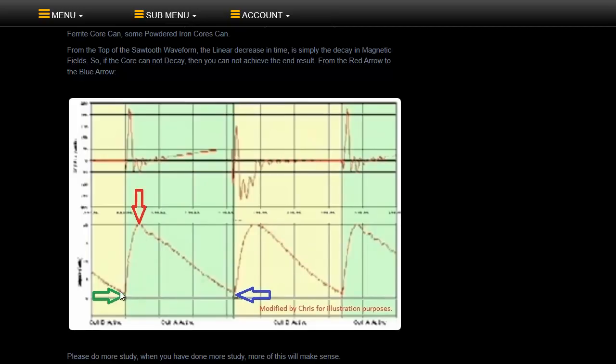So what we can say is from the green arrow to the red arrow is a ramp up in magnetic fields. Now you've got to remember we've got two magnetic fields here, where we've got two magnetic fields opposing. And why is this such a short time? Why is it, from the green arrow to the red arrow, roughly around the 10% duty cycle, such a short time?